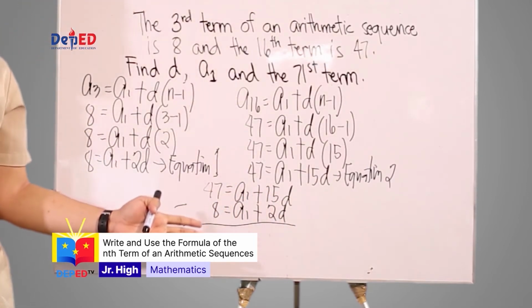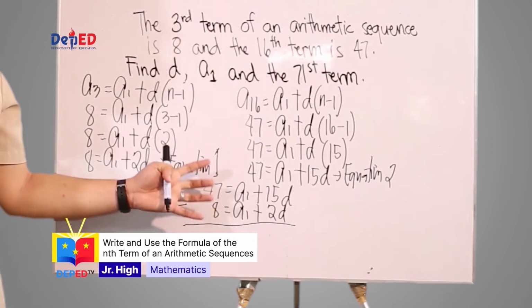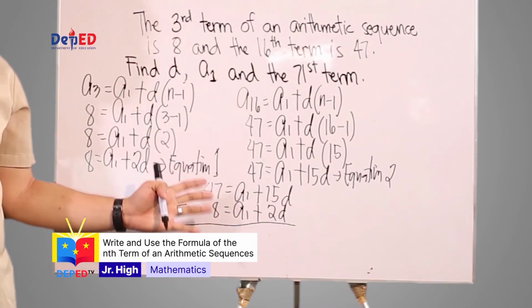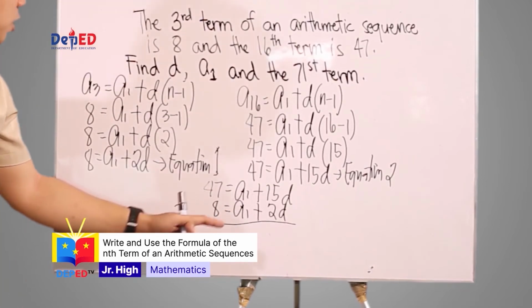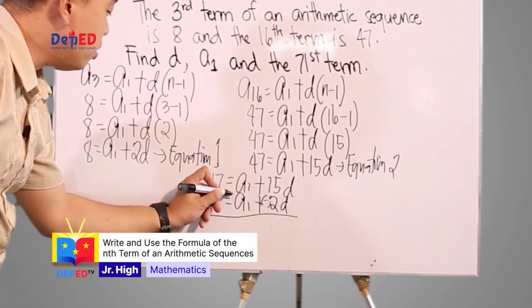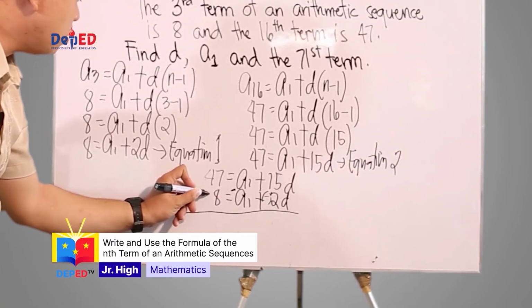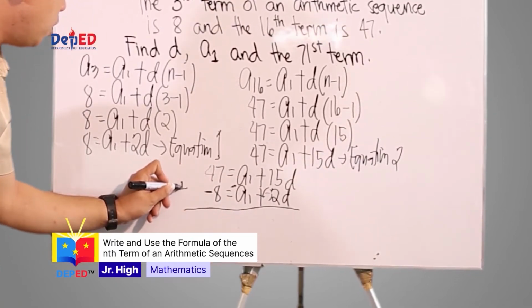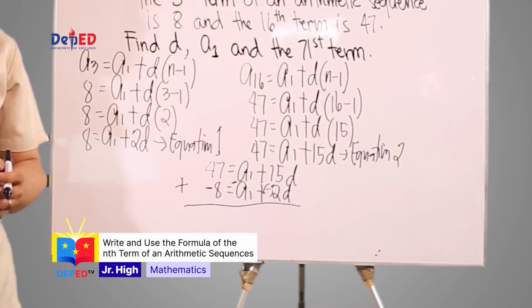Remember that when you get the difference of these two terms, you're going to change the sign of the subtrahend to its opposite. So your 2 positive will become negative 2. This will also be negative, and your 8 will also become negative, and you will proceed to addition rules.